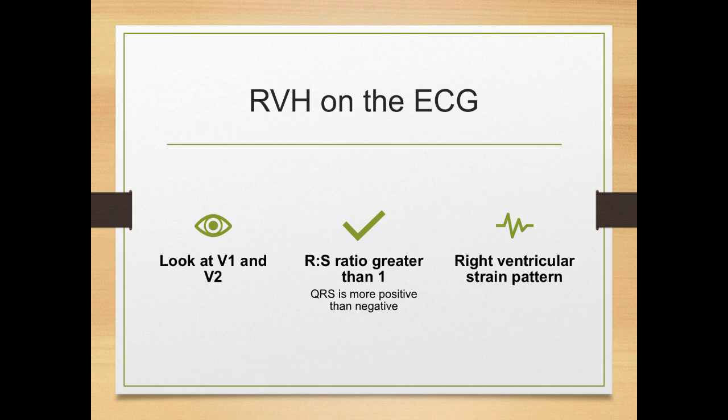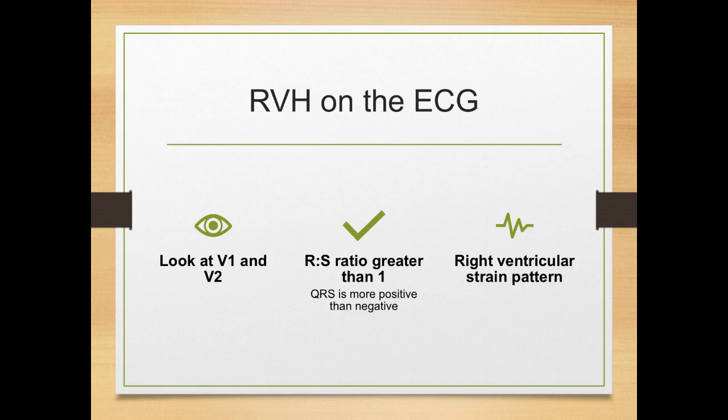So that's where we're looking. I'm looking for right ventricular hypertrophy. Is it there? Is it not? I'm looking at V1 and V2 only. Those are the only two leads you need to look at. And what I'm looking for is, is the R to S ratio greater than 1? That's a confusing, complicated way to say that the QRS complex is more positive than it is negative. The R wave is larger than the S wave.